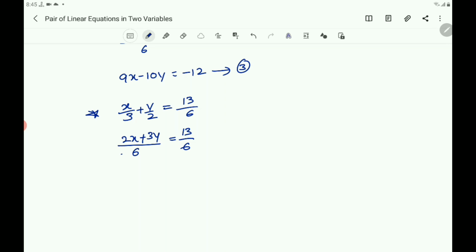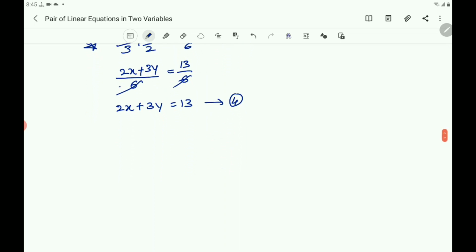Then here you know that the 6 cancels as they are in the denominator on both the sides. You can cancel them. Then what you are going to get? The equation becomes 2x plus 3y equals 13. This is the fourth equation.